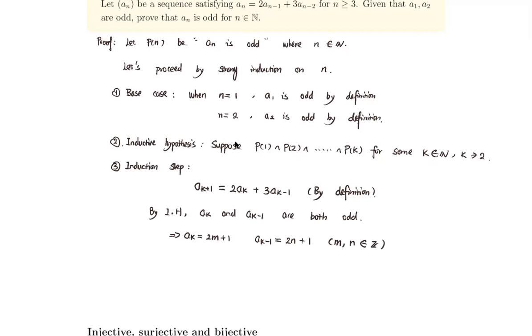Because this is where you use the definition. Whatever your k can be depends on this equation. If you plug in k equals 2, you'll get a3 equals 2a2 plus 3a1. So that's okay, you can have k equals 2. That's why it's greater than or equal to 2, because of this equation. Does that make sense?